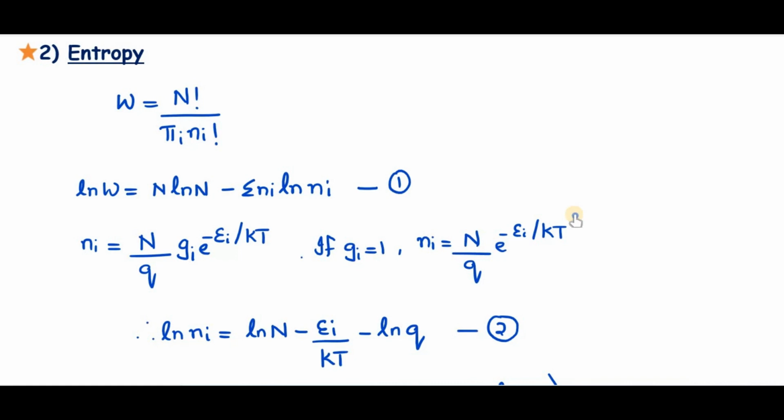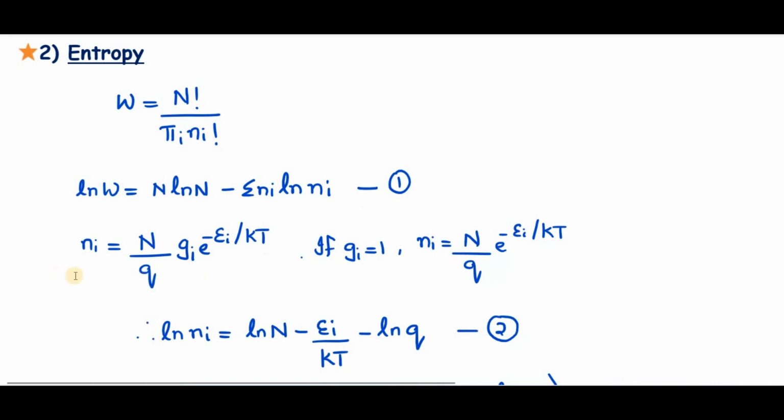So starting from the general equation for Maxwell-Boltzmann statistics, W equals N factorial by product over i of ni factorial. Take log and apply Stirling's approximation. So we get log W equals N log N minus summation ni log ni. Let that be equation 1.